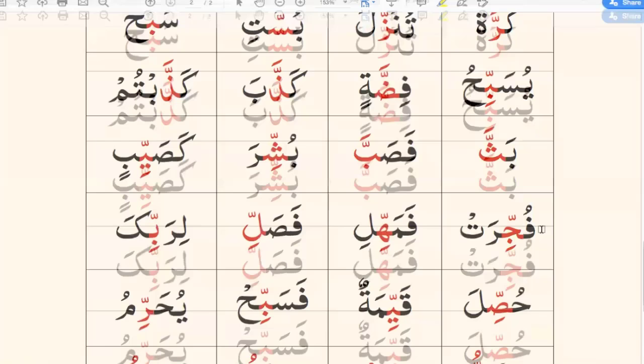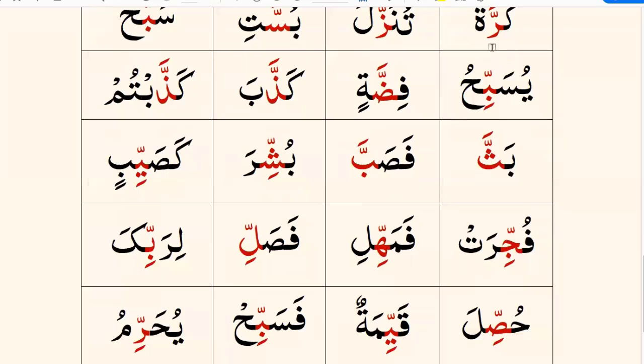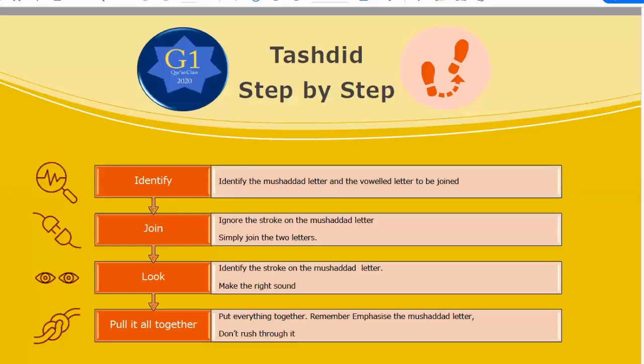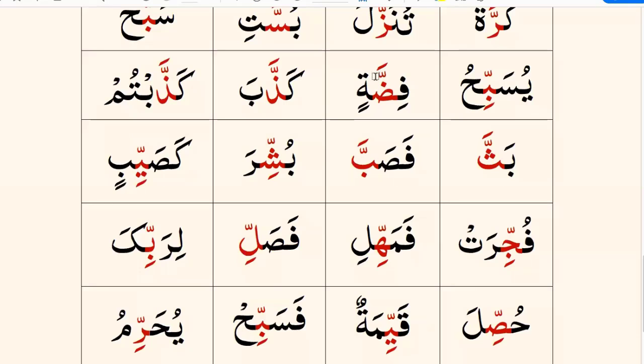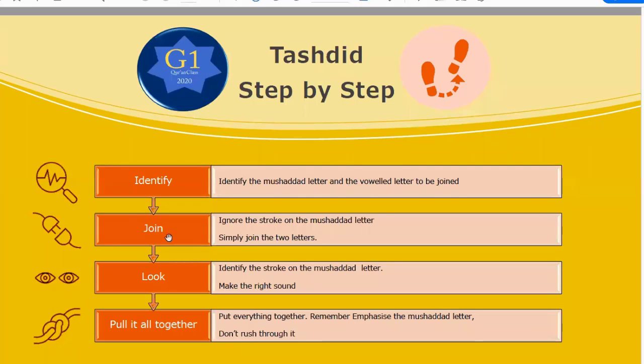Just a quick reminder of what we have looked at today. So we have been looking at shadda and tashdid, and how to identify the shadda within a word, okay? You would identify it by seeing the little W shape on top of a letter. We have then been looking at how to join the shadda with the previous letter, depending on whatever stroke you have.